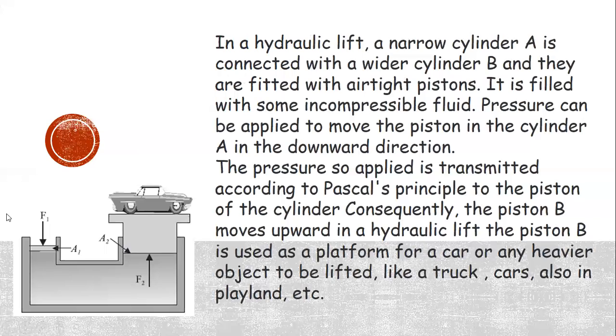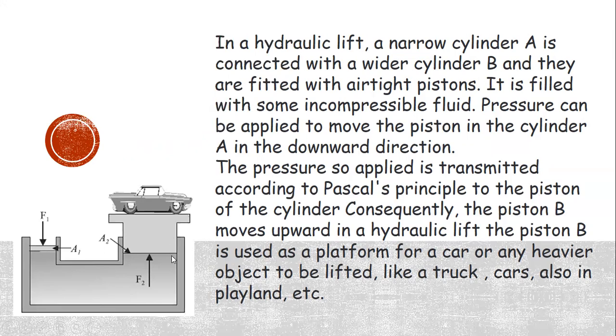Pressure can be applied to move the piston A downwards. So the pressure is applied in the fluid, and since it is an incompressible fluid, this pressure is transmitted equally to this side, according to Pascal's principle, to the piston of the cylinder, piston B.